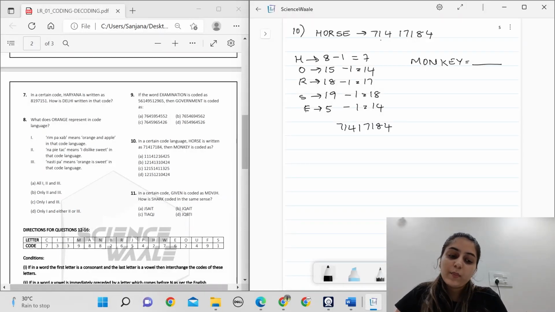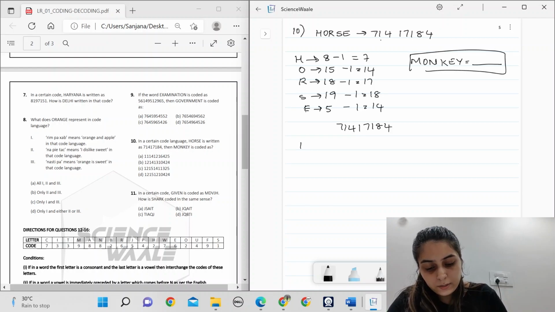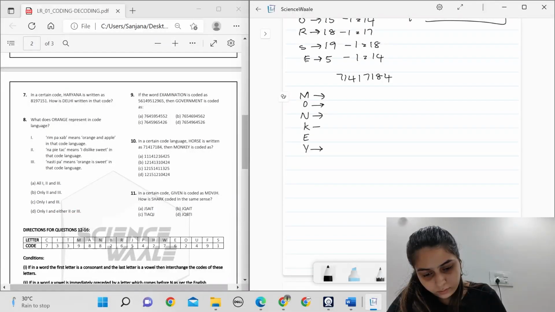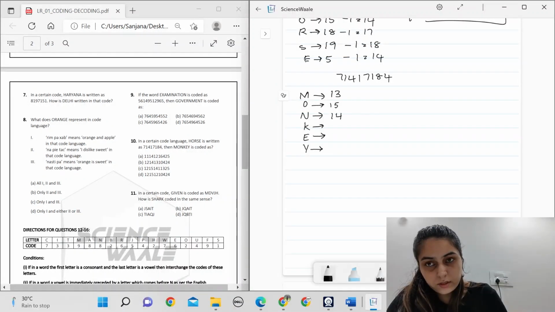So in a similar way, if we try to code for monkey, M is in the 13th position, O is in the 15th position, N is in the 14th position, K is in the 11th position, E is in the 5th position, Y is in the 25th position.